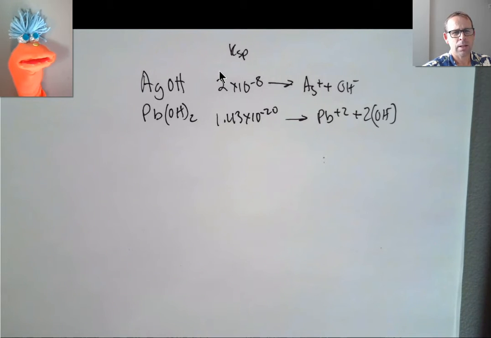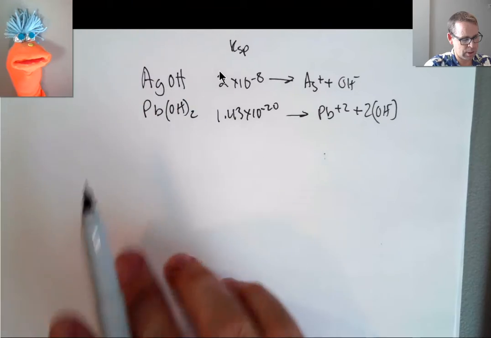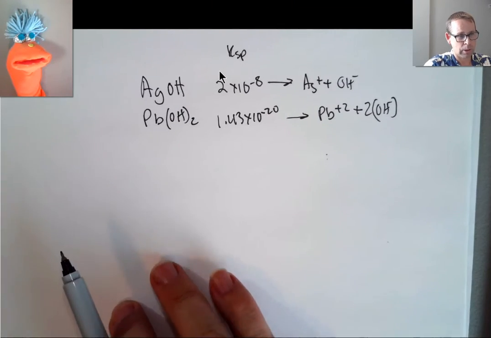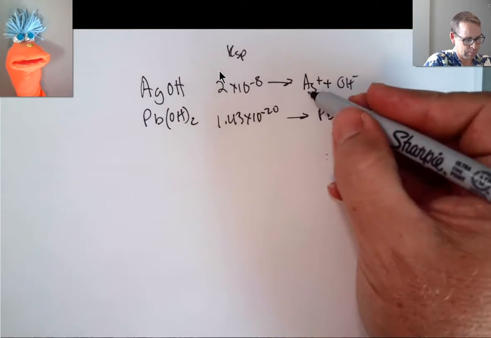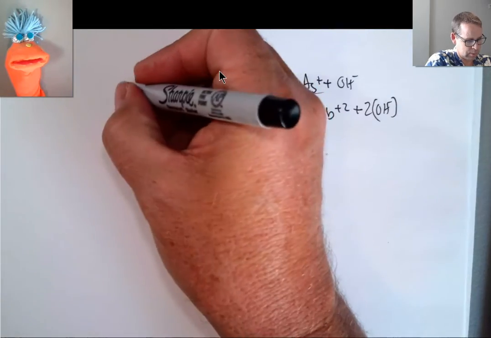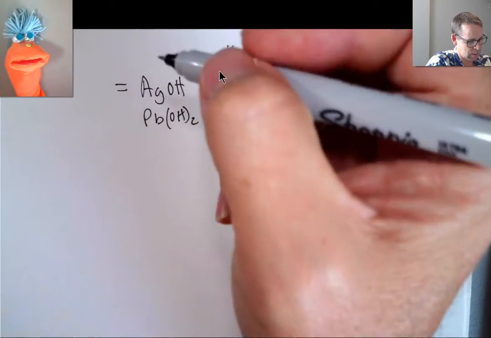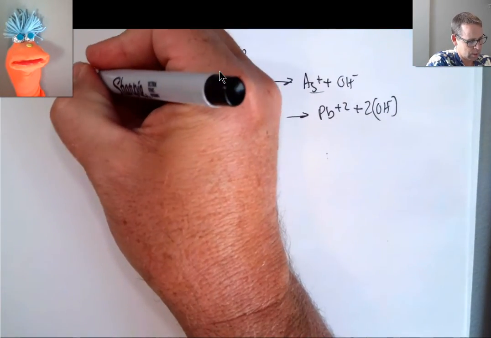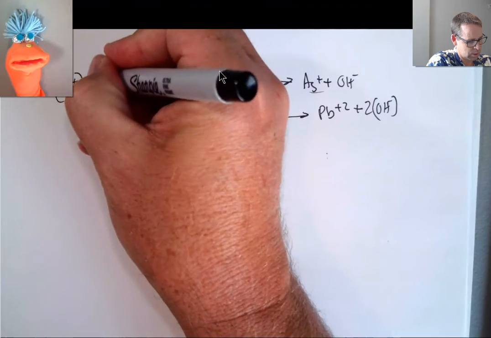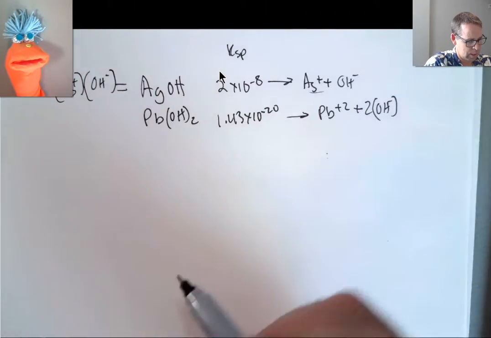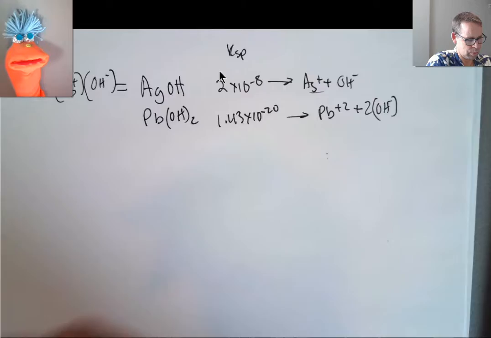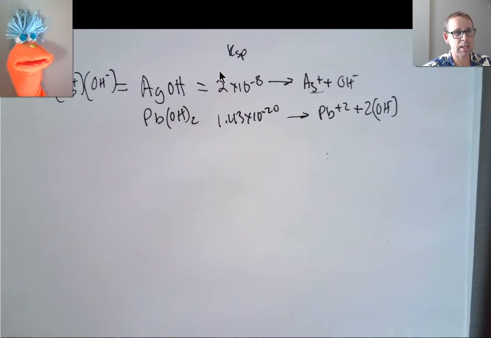All right, and we can then calculate at what hydroxide ion concentration, and thus hydrogen ion concentration, this silver hydroxide will form. So, for example, the KSP for this reaction equals the silver ion concentration times the hydroxide ion concentration, and that equals 2 times 10 to the minus 8.